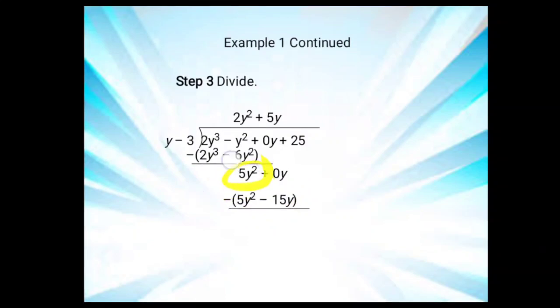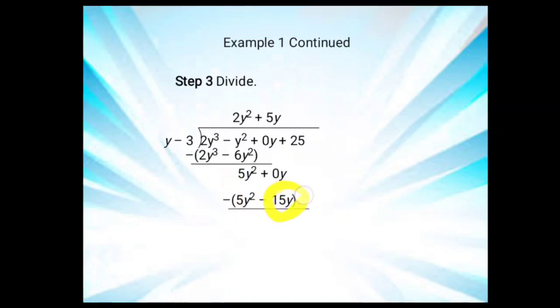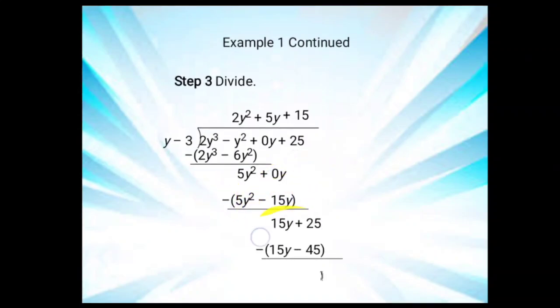Then 5y squared minus 5y squared, that is 0. Then 0y minus negative 15y. As you can see, keep, change, change. So we will be having positive 15y. So 0y plus positive 15y is positive 15y.